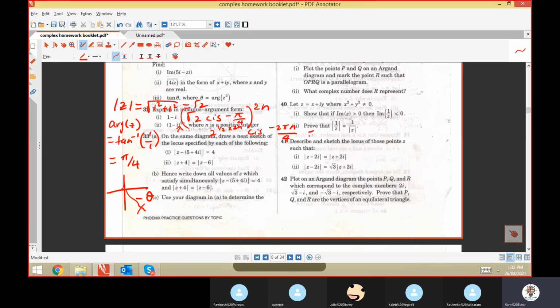Technically, the final answer will be, half and 2 is cancelled out, so 2 to the n. This is negative pi n on 2. Make sense? Yeah. It makes sense. 100%.